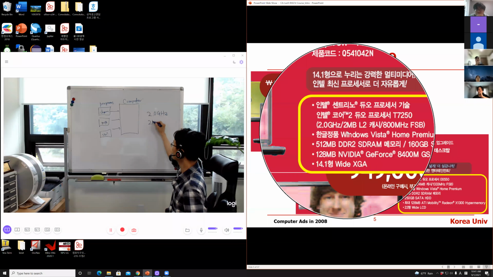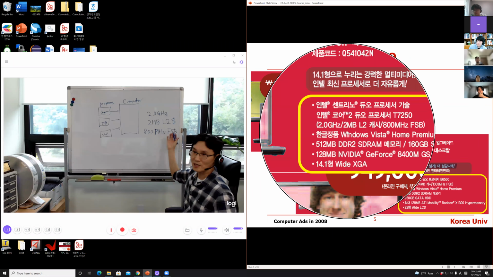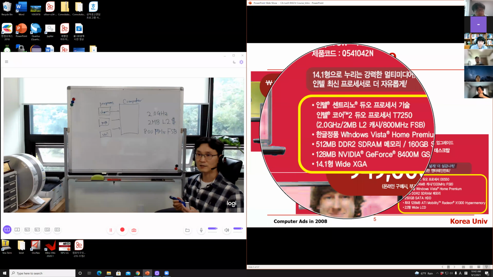You don't know for sure what it is, but it's a nice number. And 2 megabyte level 2 cache. And it is a little bit old computer, so it is using an 800 megahertz front side bus. How many jargons do you understand from this computer ad? Probably nothing, right?